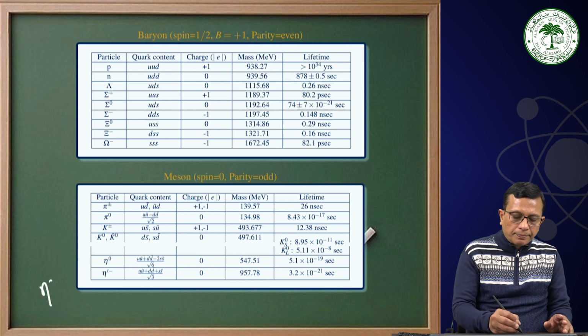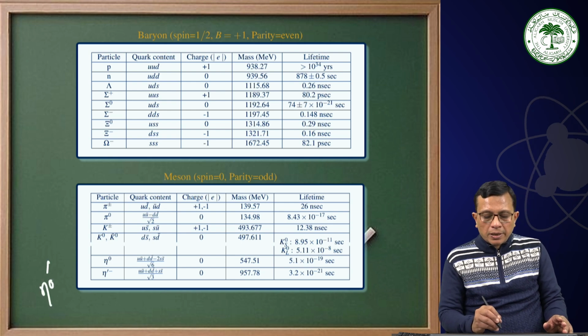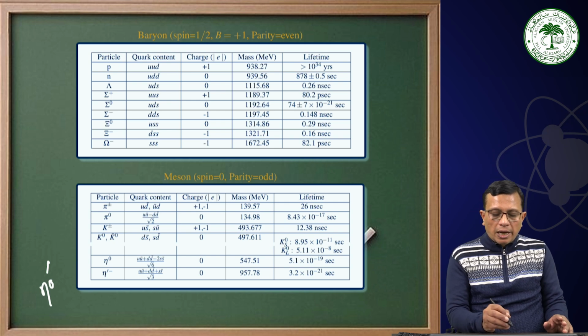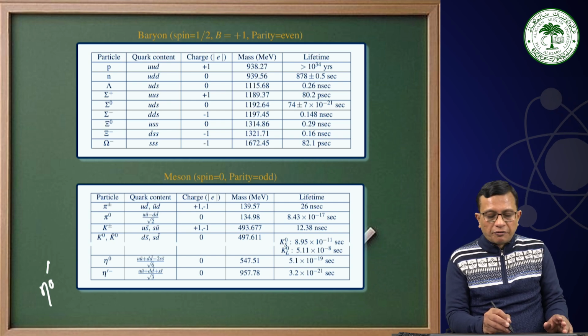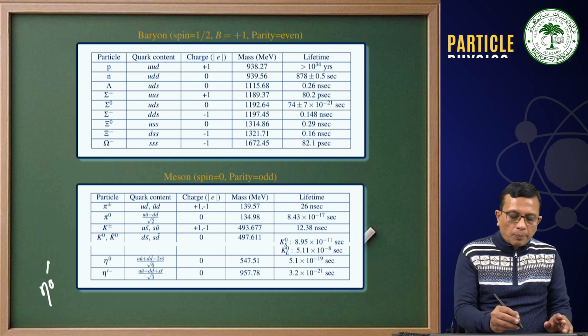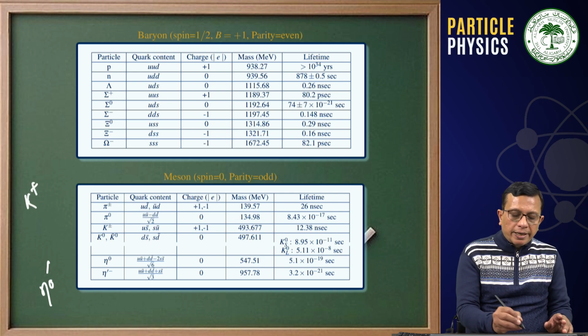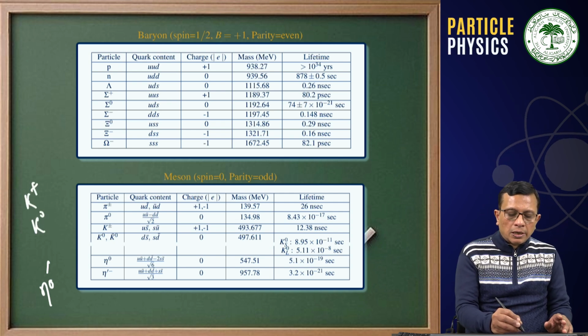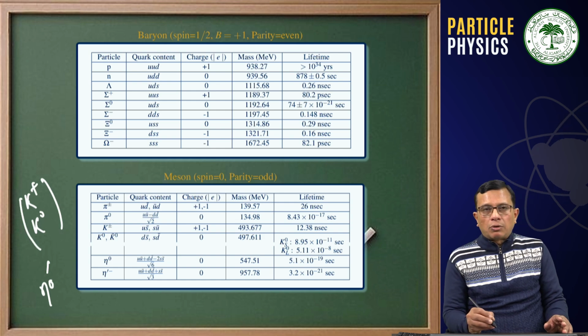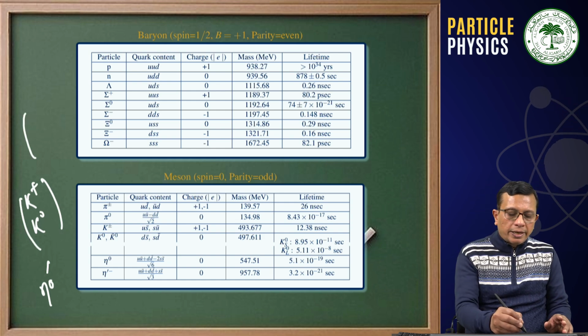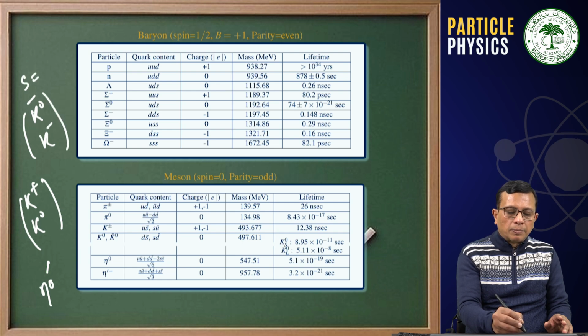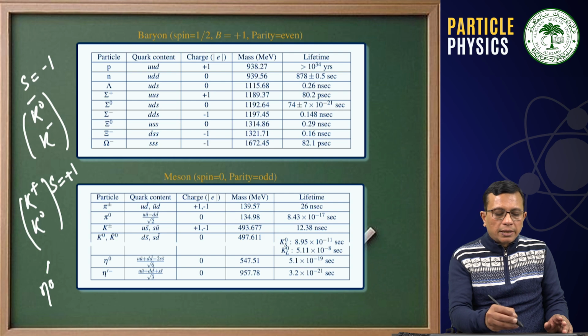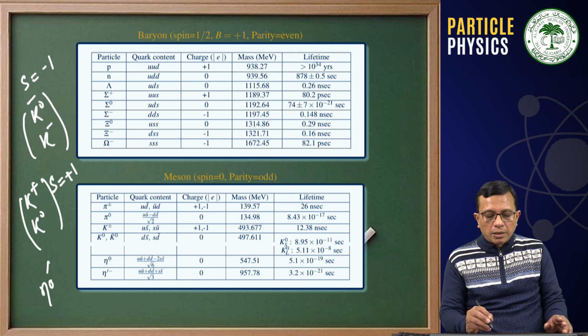Eta 0 prime is a different particle from eta 0 and K0 is a different particle from K0 bar. Moreover, K plus and K0, they have strangeness quantum number plus 1, and K0 bar and K minus, they have strangeness quantum number as minus 1.